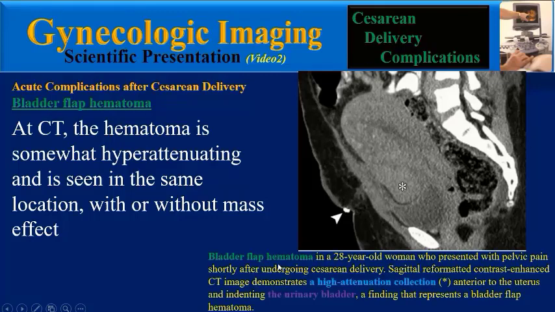Here, bladder flap hematoma in a 28-year-old woman who presented with pelvic pain shortly after undergoing cesarean delivery. This sagittal image shows a high attenuation collection anterior to the uterus and indenting the urinary bladder, findings that represent bladder flap hematoma.